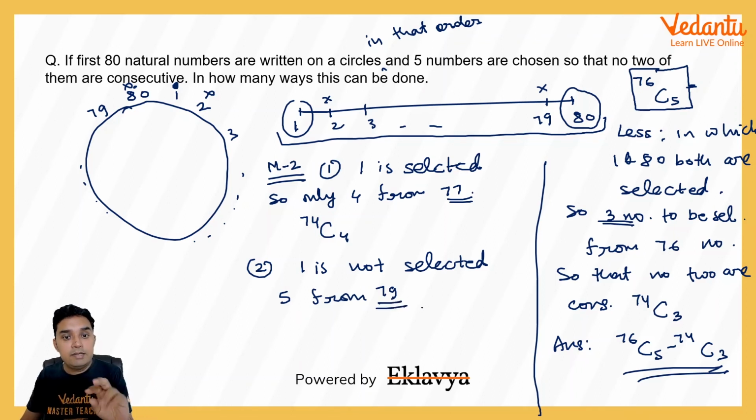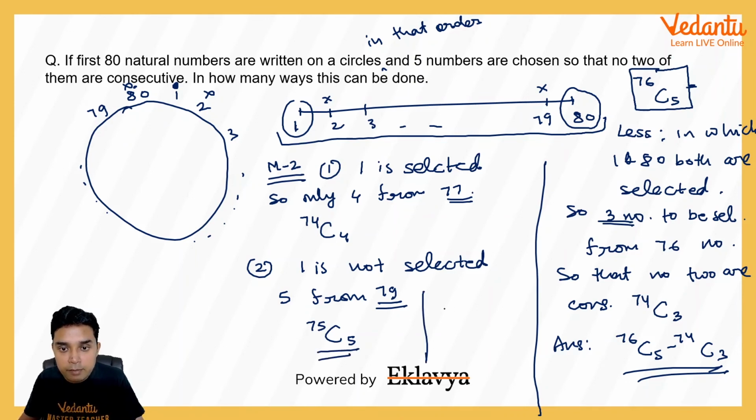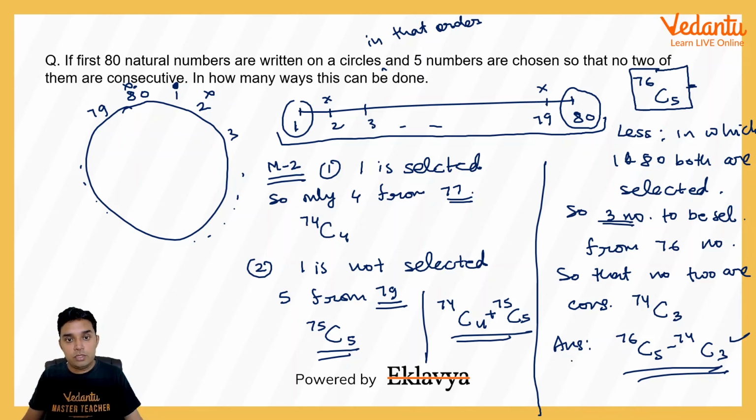So once again 79 minus 5 gives 74 white chairs, so 75 gaps, and 75C5 will be the answer for this one. If you add them, 74C4 plus 75C5, you will get exactly the same as this also. It can be checked, they both become the same. You can convert them into each other also. So that is my second method.